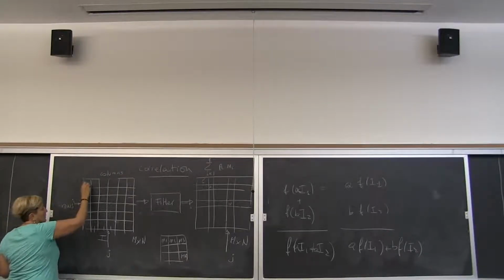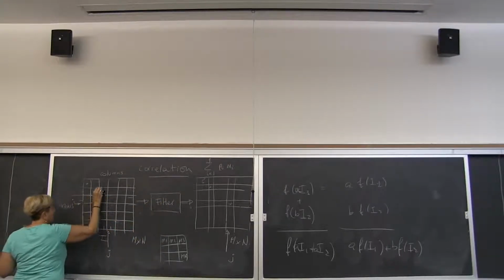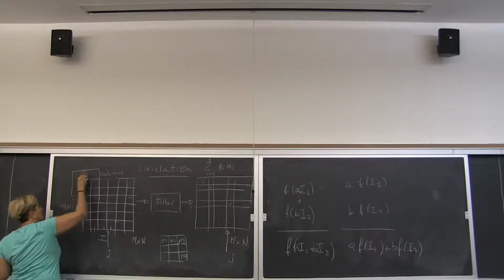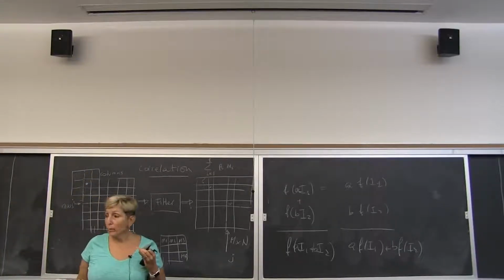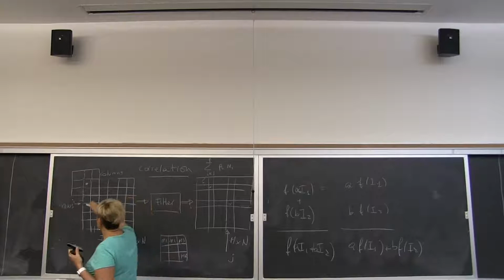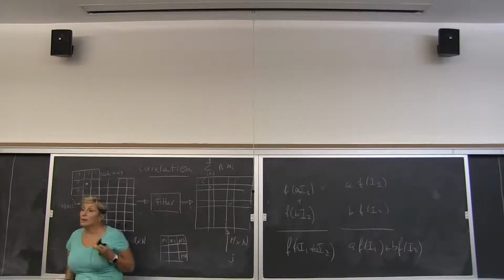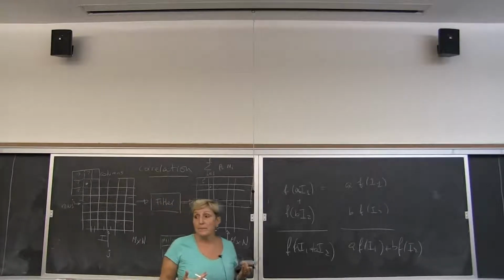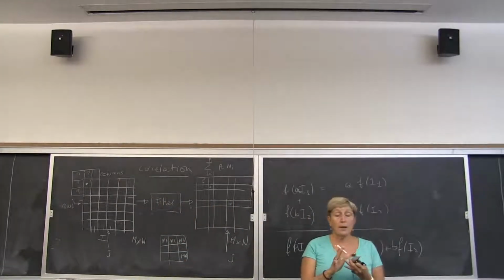So, and I want to decide what to put at that location, which means I need to put a 3x3 mask centered there, right? But the problem is that I don't have data there, right? So how do I apply that kernel in that location, okay?